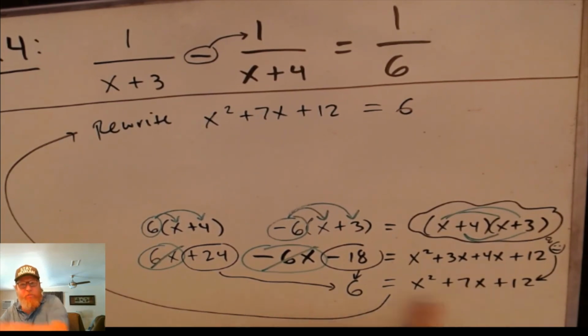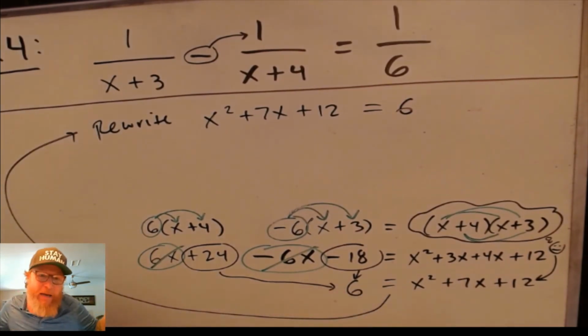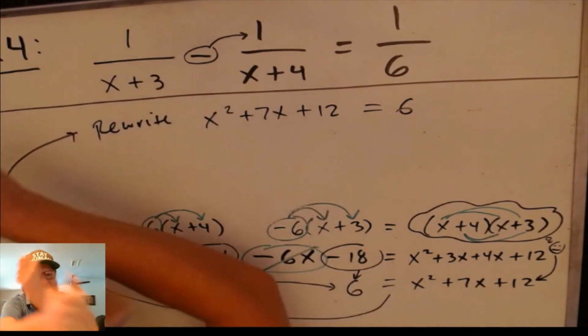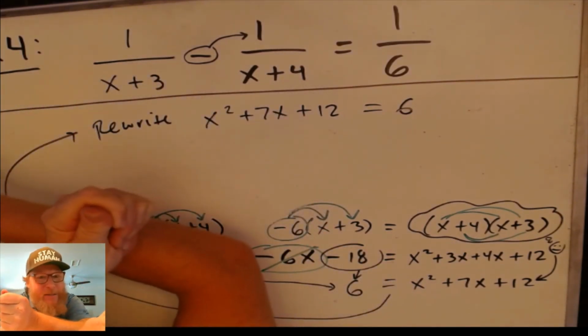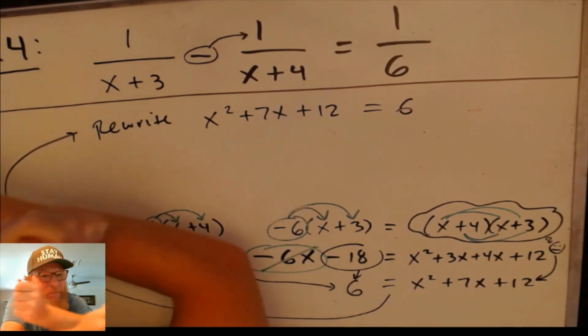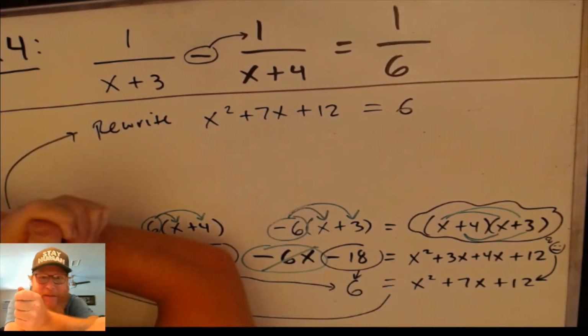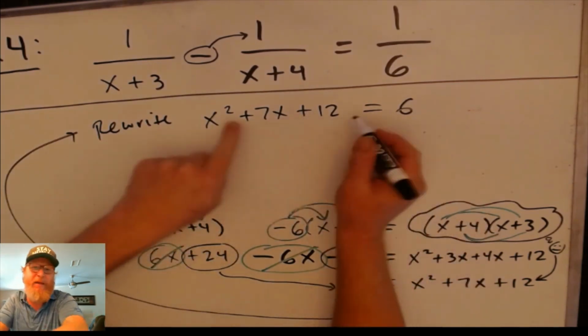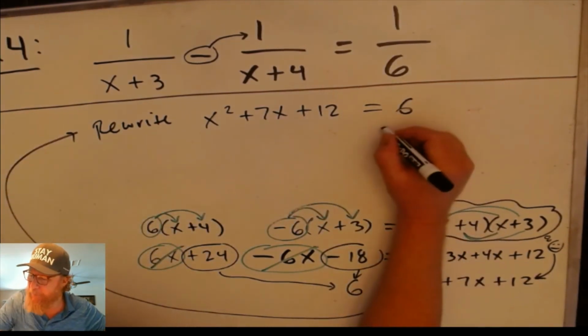I'm just reversing the left and the right. If the left side is equal to the right side, then you can switch it. Equality is reversible. If A equals B, then B equals A. You can reverse the order. It just makes it look a little nicer when you're solving it.